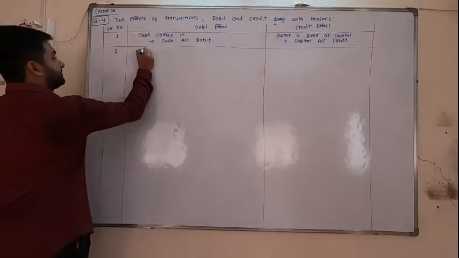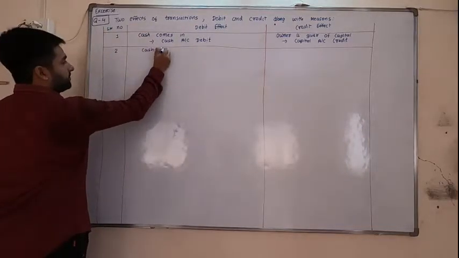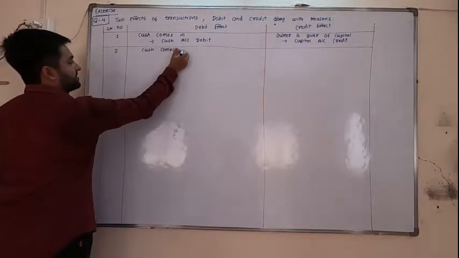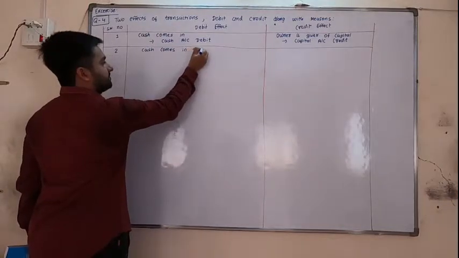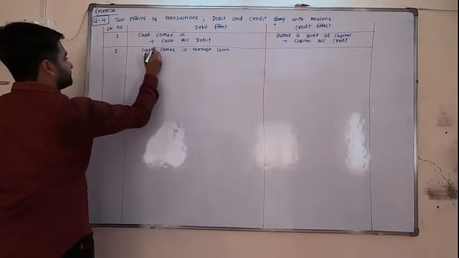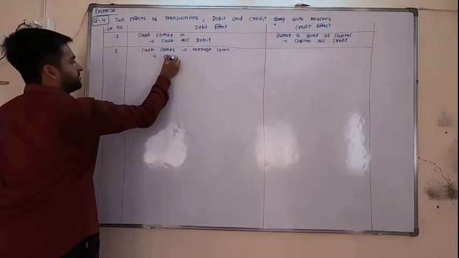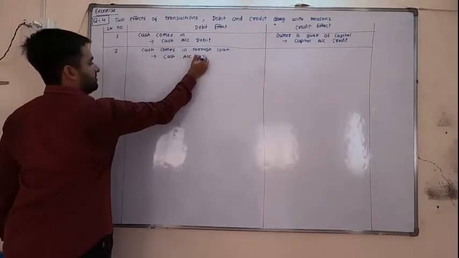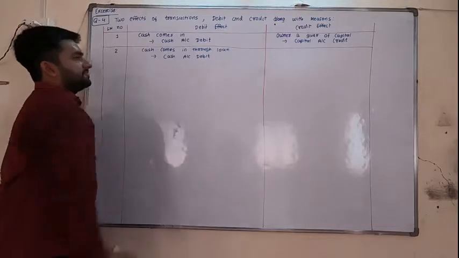Number 2. Cash comes in through loan, so cash account debit.